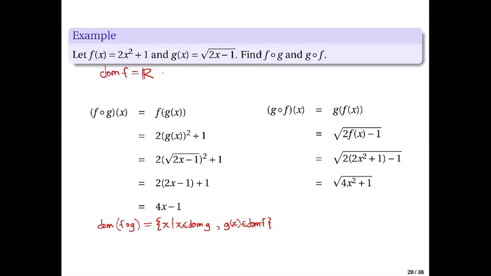For the domain of G, you have square root of 2x minus 1. So you need 2x minus 1 to be greater than or equal to 0. But this implies your 2x must be greater than or equal to 1, or this implies your x greater than or equal to 1/2.